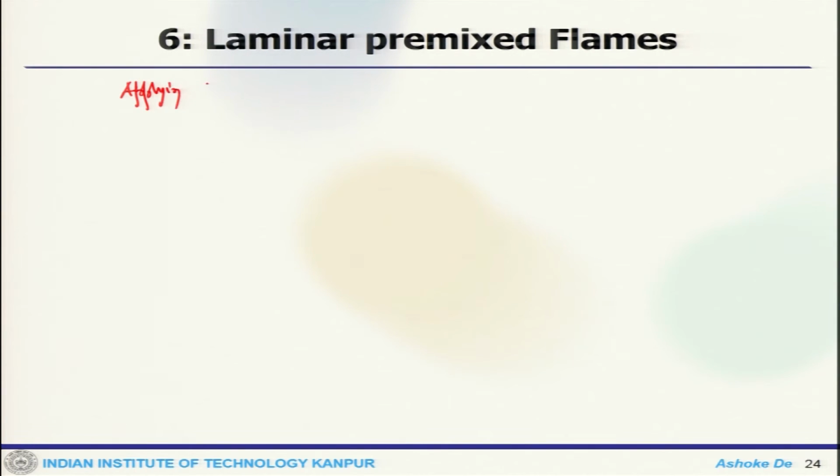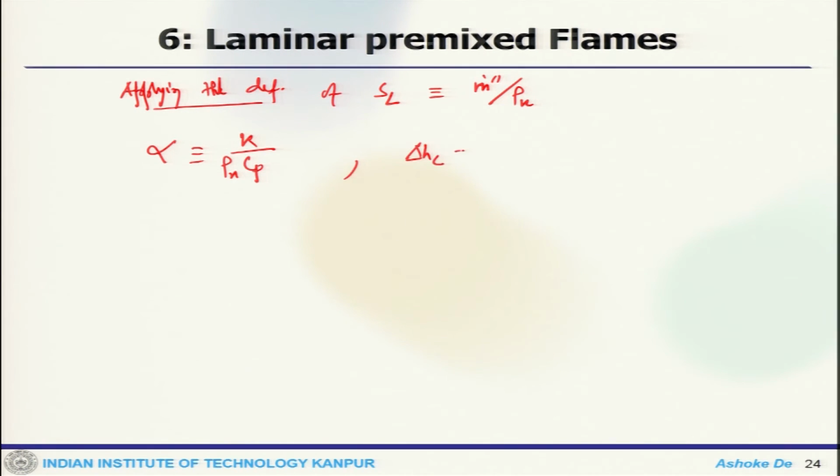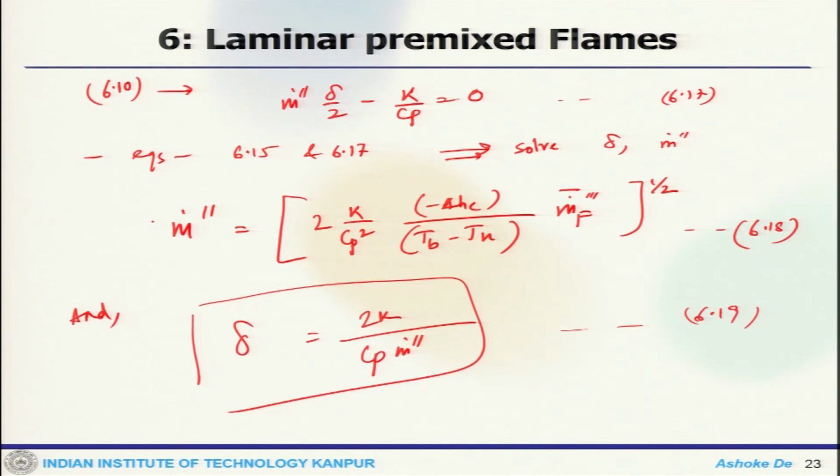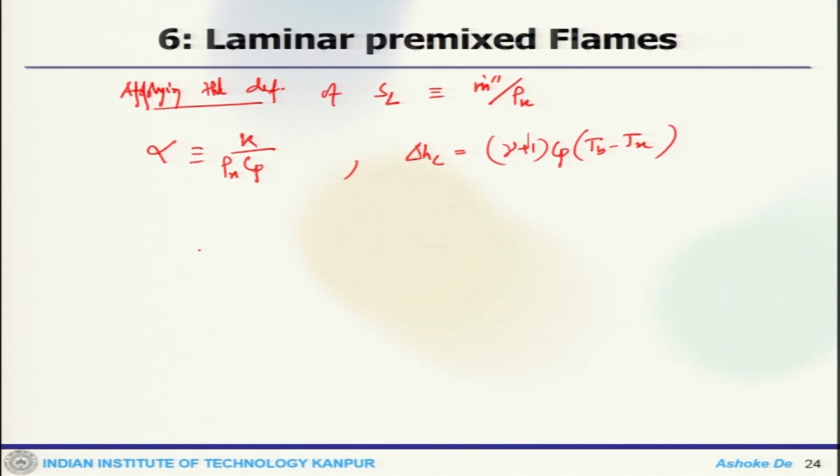Applying the definition of SL, which is m dot by rho u, where alpha is kappa by rho u Cp and heat of combustion is nu plus 1 Cp (Tb minus Tu). If you combine these expressions and use the solution of delta and m dot, what do we get?